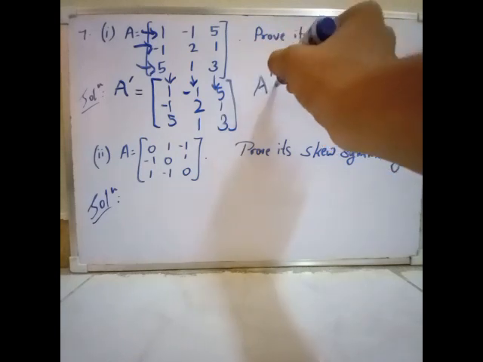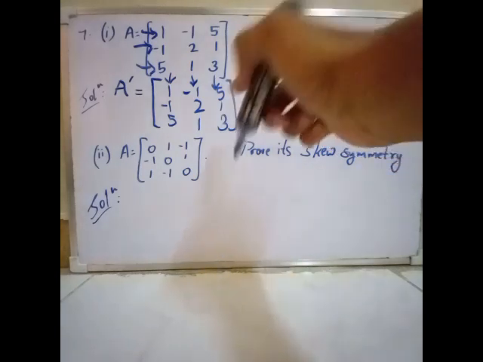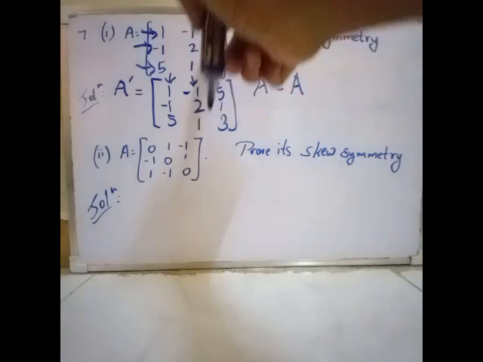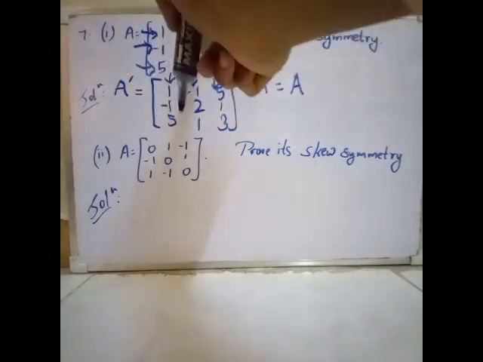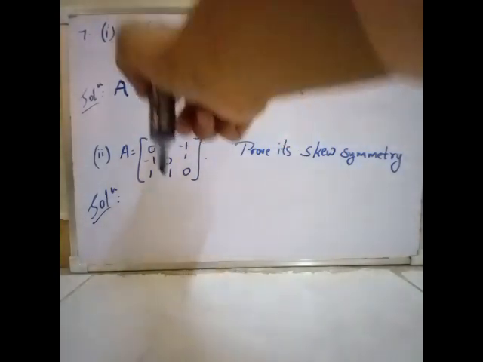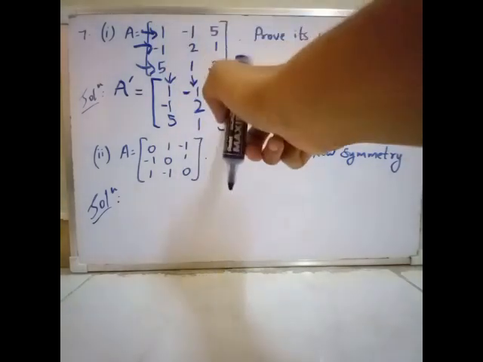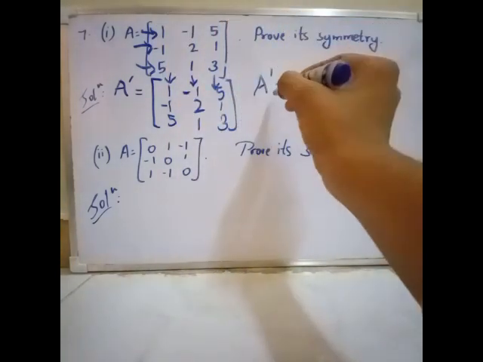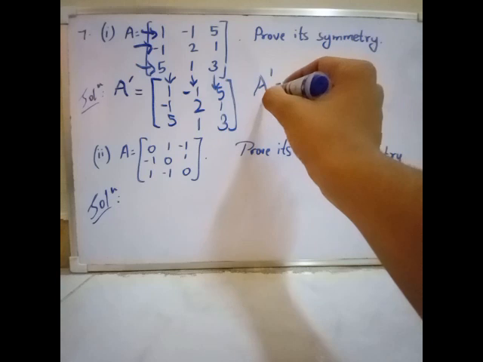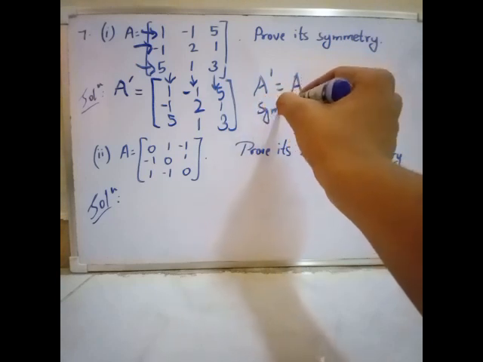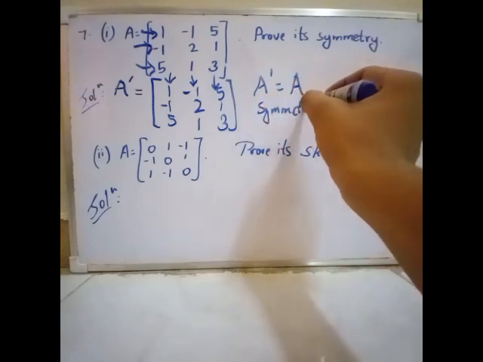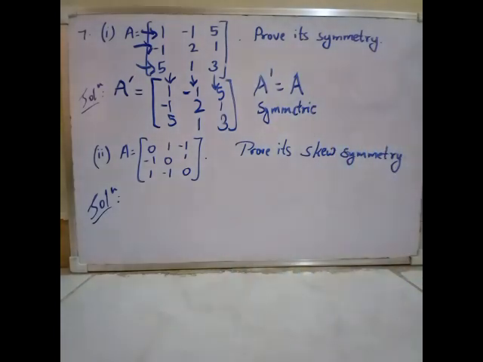If you compare, A dash will be equal to A, right? Each and every element is the same. They are equal. So as both the transpose and the original matrix are equal, the given matrix is symmetric, right? It's a symmetric matrix.